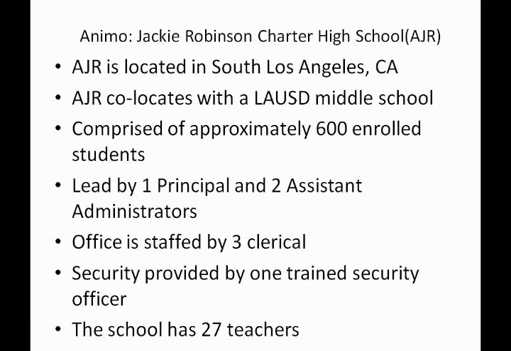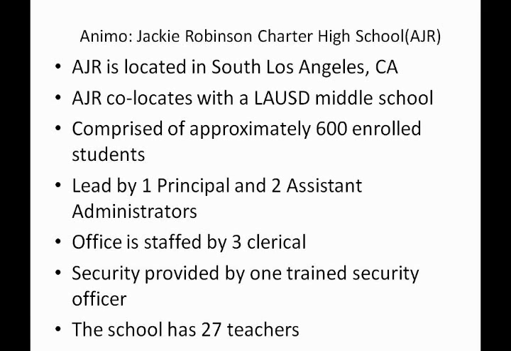AJR co-locates with a LAUSD middle school. Basically what that means is that we rent a building from this middle school that is part of the LAUSD school system. We are comprised of approximately 600 enrolled students, and I say approximately just because our enrollment, like any other school, fluctuates. We are led by one principal and two assistant principals.